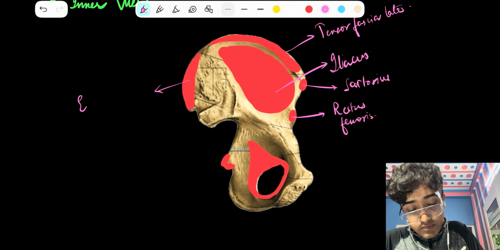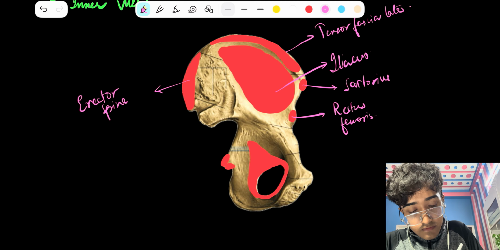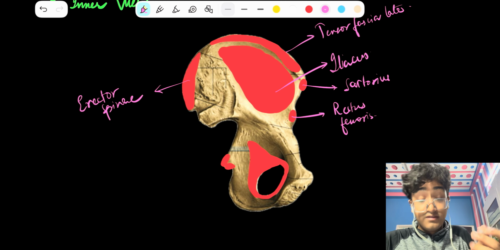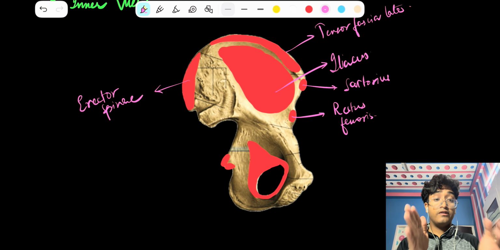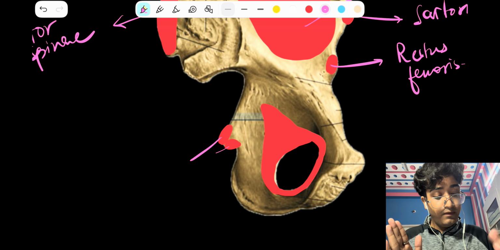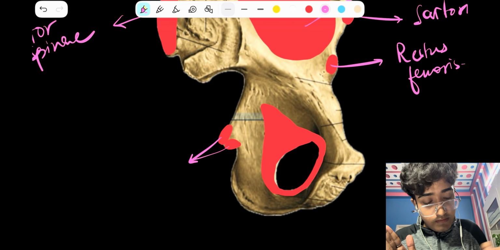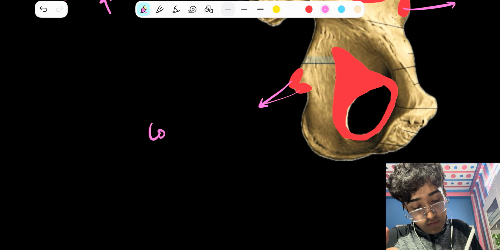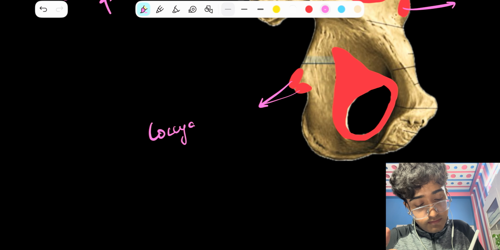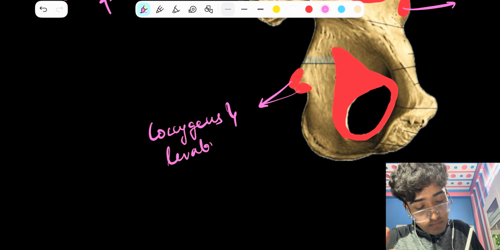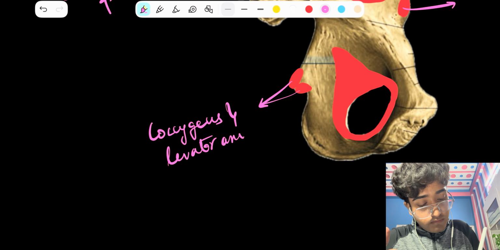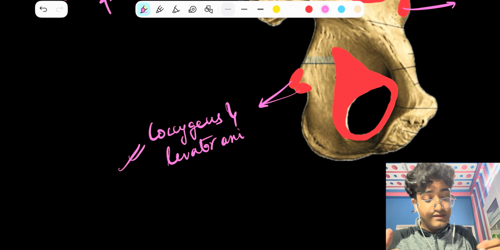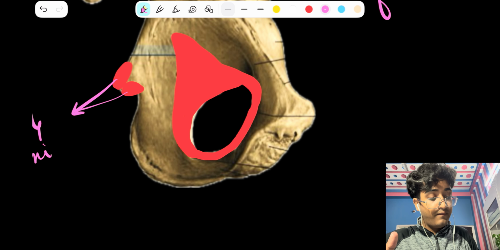Here we get attachment for the erector spinae muscle. This muscle helps you give a straight posture. Okay. In the ischial spine and the inner aspect we can find two other muscles, coccygeus and levator ani. These help in forming the pelvic diaphragm.